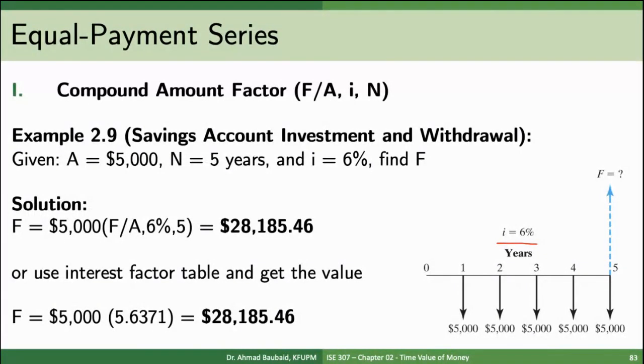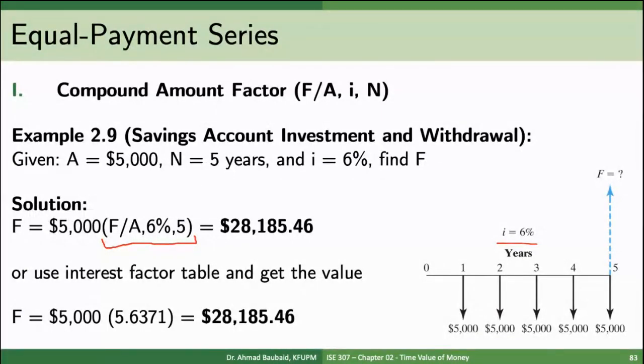Okay? Well, we just plug in, because this is just a straightforward example. Everything looks in sort of standard form, right? The first payment starts at 1 and the future value is at 5, so we're good to go. And so we just plug in, and A is 5,000. This is the factor, right, which we can find using tables, or we can just compute using the formula that we just had on the previous slide.